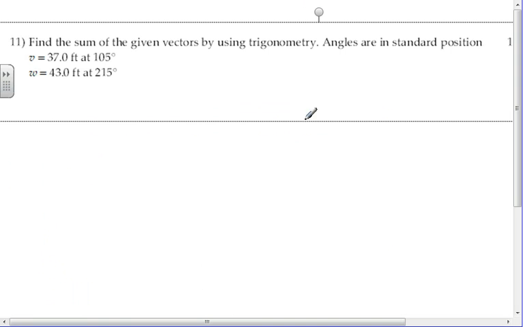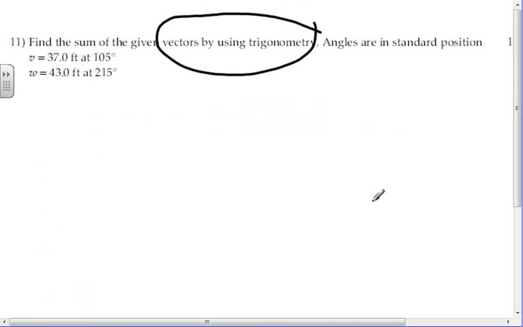All right, using vectors, using trigonometry. Well, that's no different.